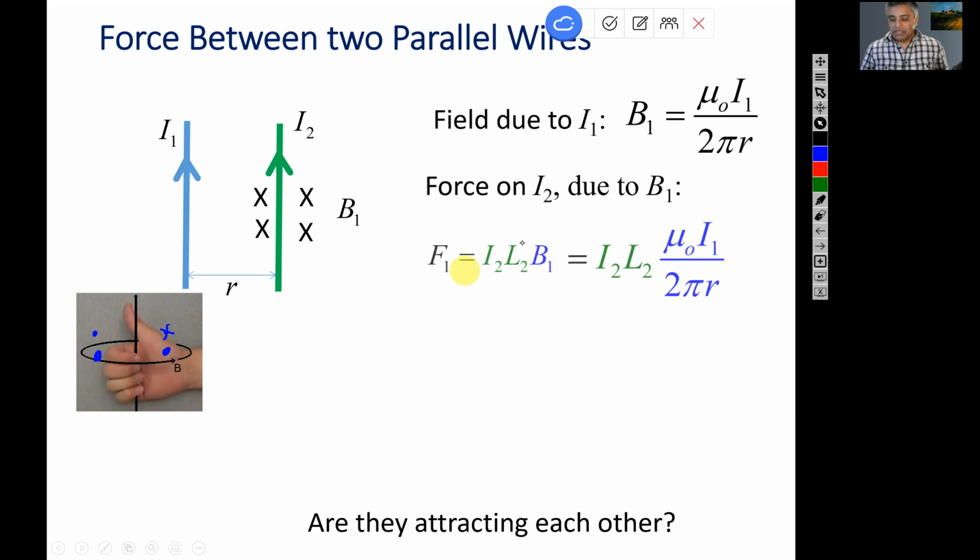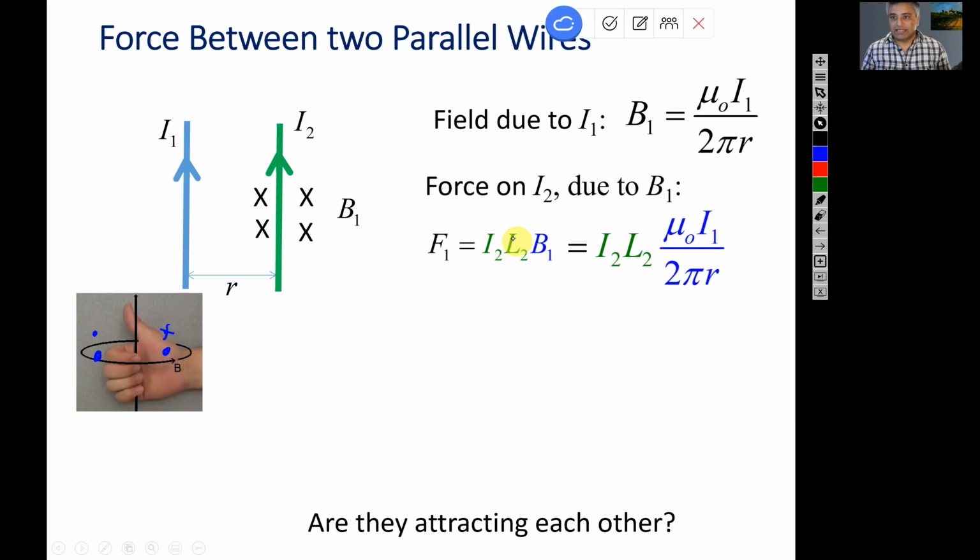So this is current times length of the wire times the magnetic field. Current here is I2. This is the current. Remember, I2 is not producing the magnetic field; I2 is sitting in the magnetic field. And the length of that wire. Now this B1 is coming from the current in wire number 1, the blue wire, and that is given by this equation here, right?